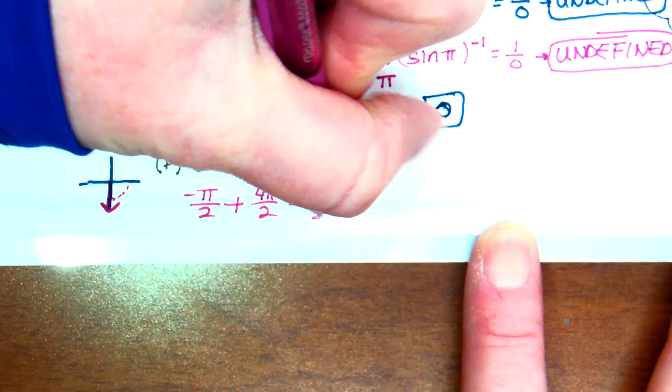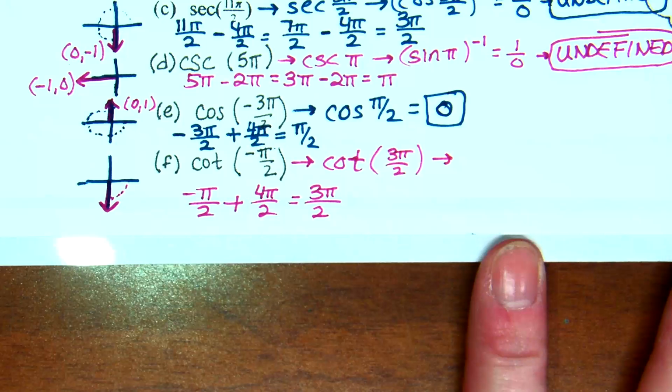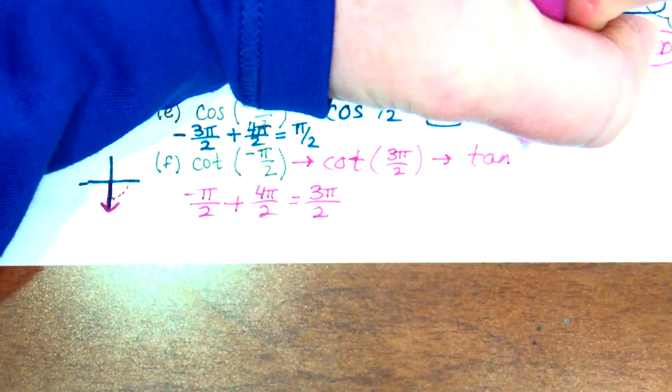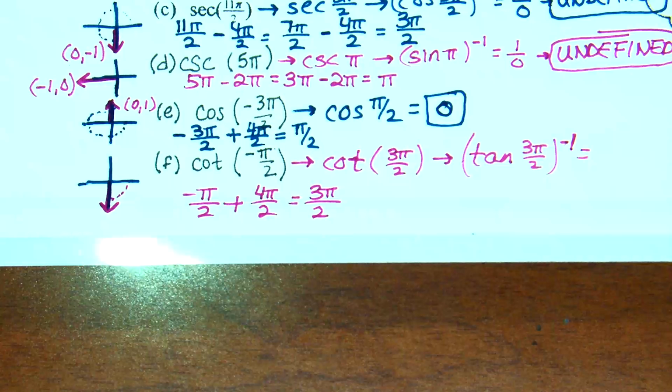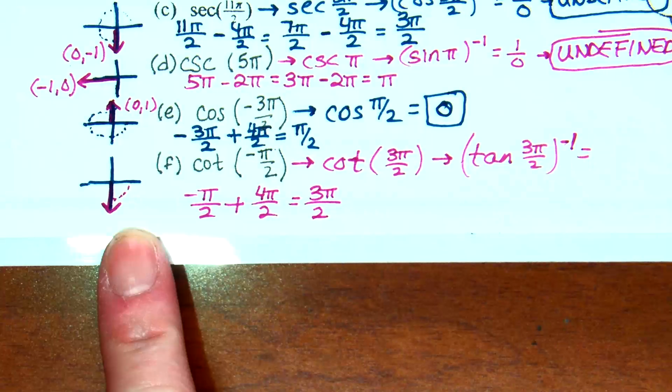So I'm doing the cotangent of 3 pi over 2. But instead of cotangent, what we're really going to do is the reciprocal of tangent. If we were to skip the step of rewriting it as a reciprocal, that's okay on the actual test. Okay, I just gotta make sure. What's the ordered pair down here?